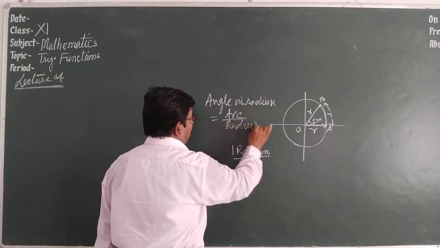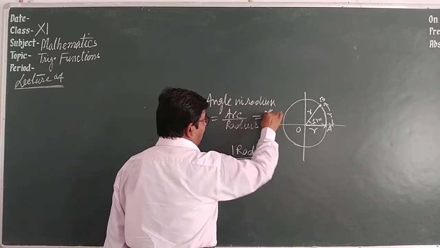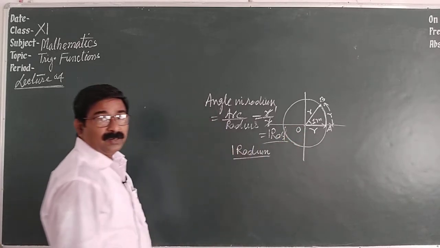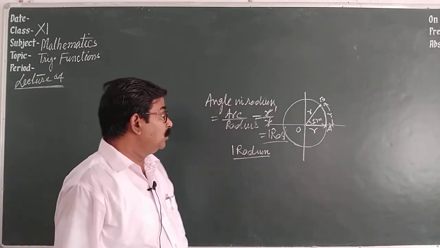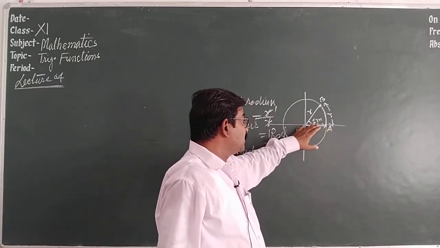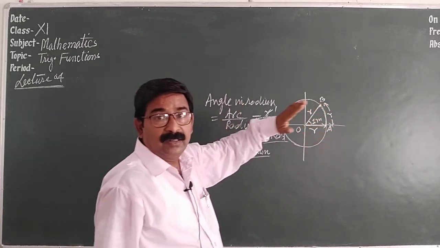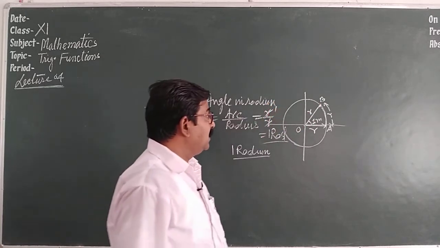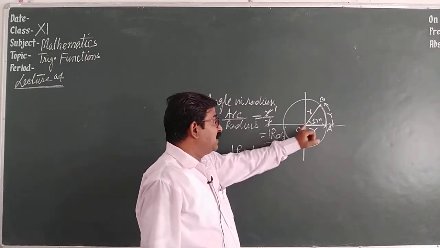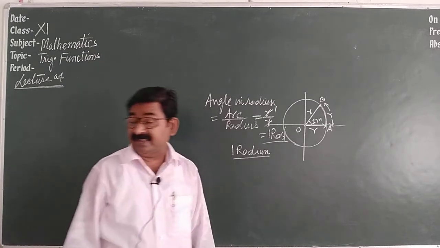Arc is r, radius is r, r upon r is 1, so it is 1 radian. So when in a circle whose center is at the origin, the ray terminates anti-clockwise and the length of arc swept is equal to the radius, then the angle subtended at the center is equal to 1 radian. Got it?